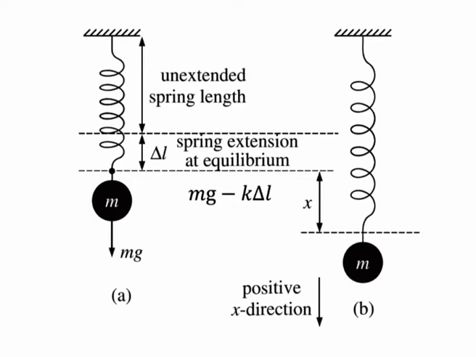The resultant force is equal to 0 when the mass is at its equilibrium position. Hence, k delta L is equal to mg.